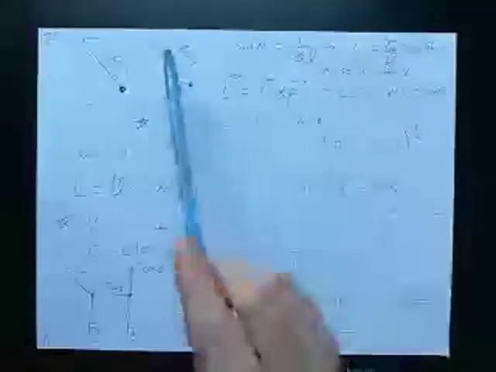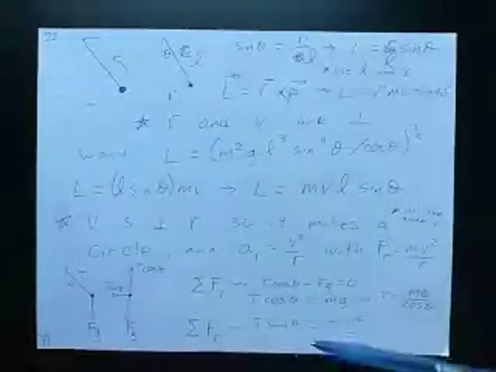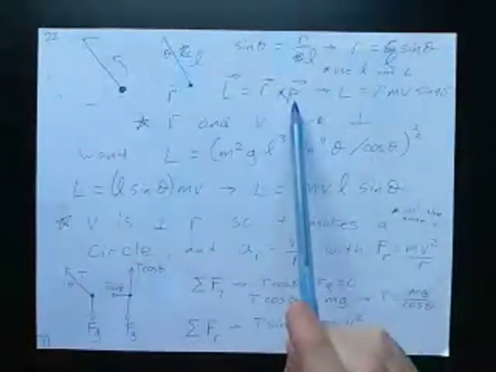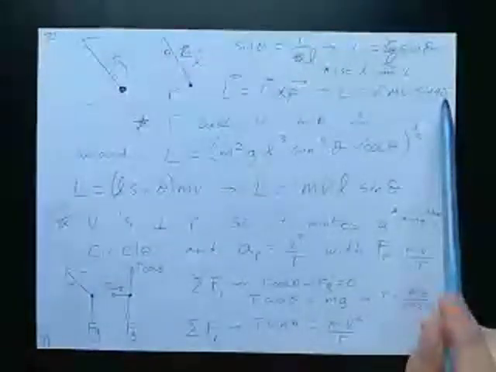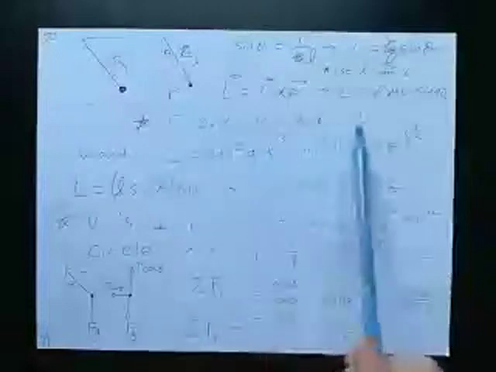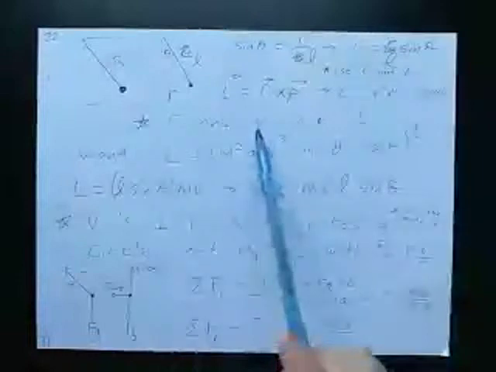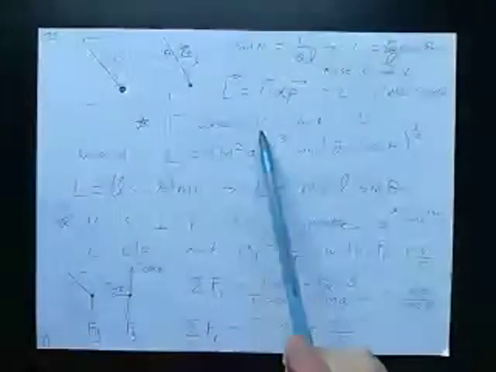So r is l sine of theta, the theta being the angle created with the vertical. And then I started thinking, okay, well, what is angular momentum? Angular momentum is r cross p, and so that'd be r m v sine of 90 because r and v are perpendicular to each other. As this thing moves around in a circle, the velocity is tangent to the circle, and the radius is then perpendicular to the velocity.